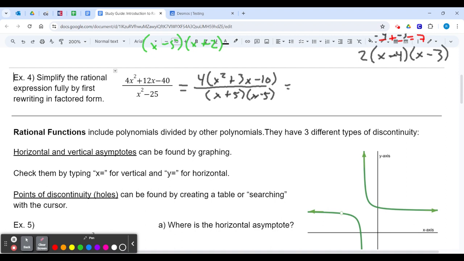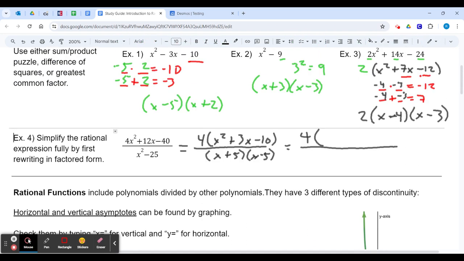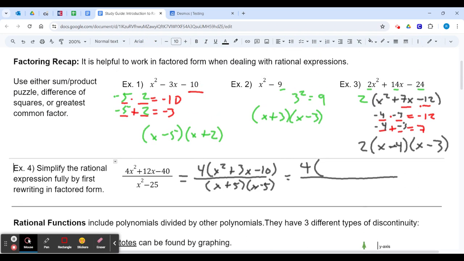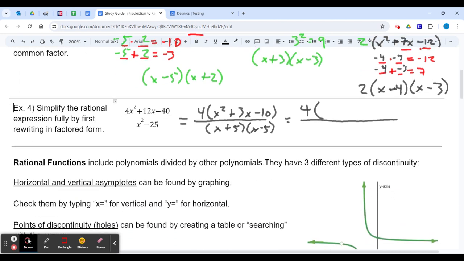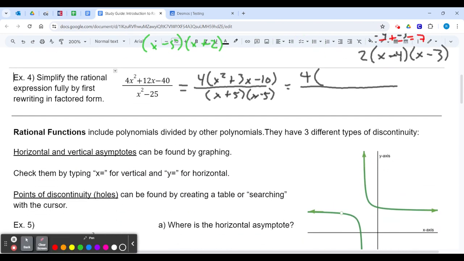And then I can go ahead and factor that top one more time, where it looks like I'm multiplying to that -10, adding up to that +3. So it's pretty close to what we did before, just with those signs reversed from example 1. In this case, I just have x plus 5 times x minus 2.